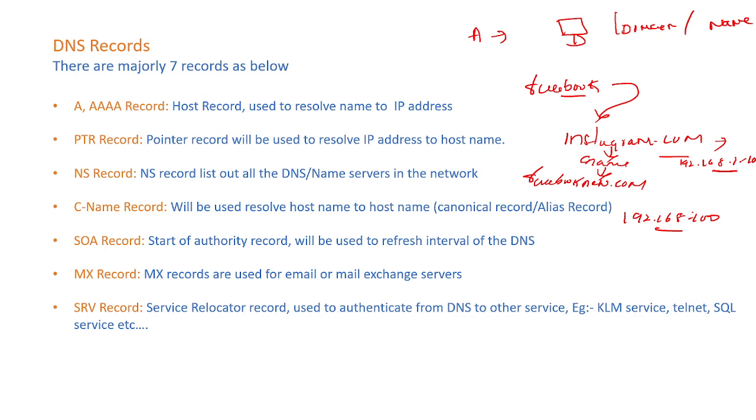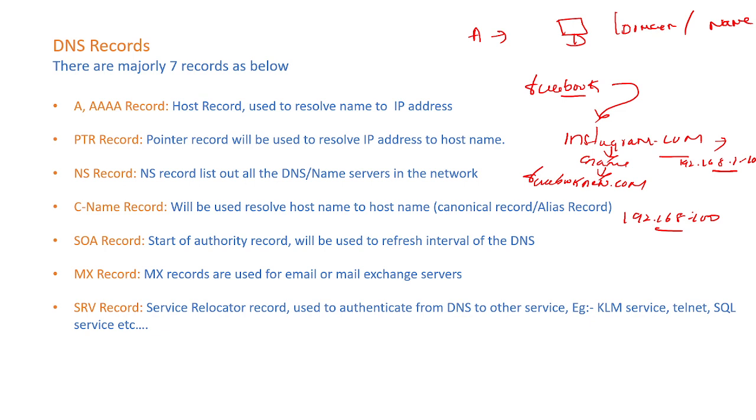Okay. And the SOA record. Imagine you have 3 to 4 DNS servers or 10 DNS servers in the estate. Each and every DNS server will be in synchronization. I know some information, and I want to send you some information which is replicable.